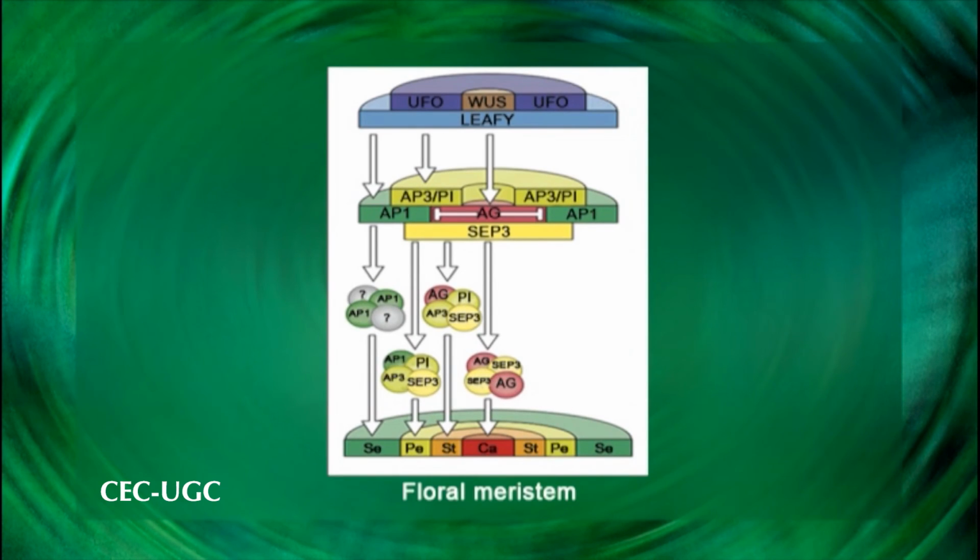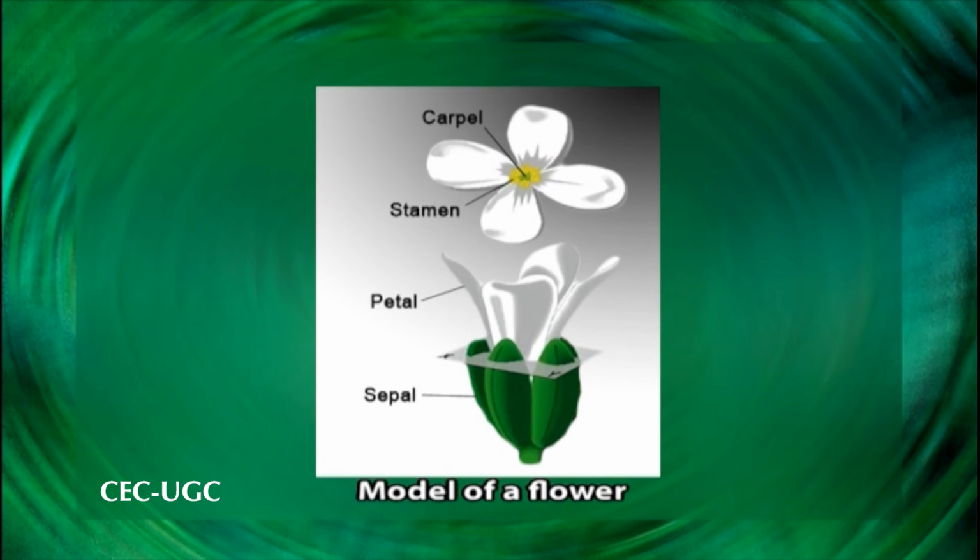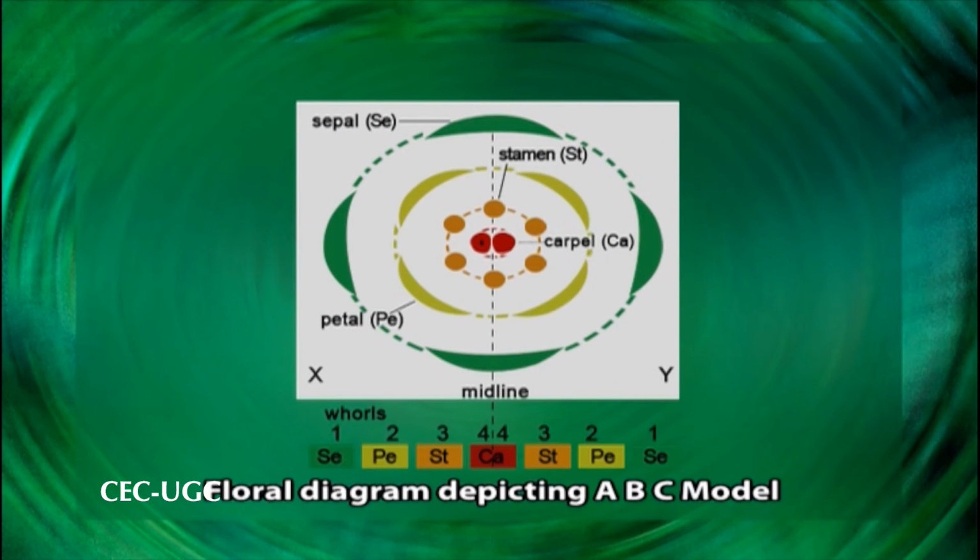Mutation in these genes results in the development of carpels in the first whorl and stamens in the second whorl. Activity B is governed by the genes APETALA 3 and PISTILLATA, whose mutation results in the development of sepals in whorl 2 rather than petals and development of carpels in whorl 3 rather than stamens.